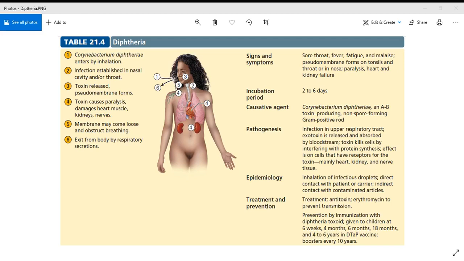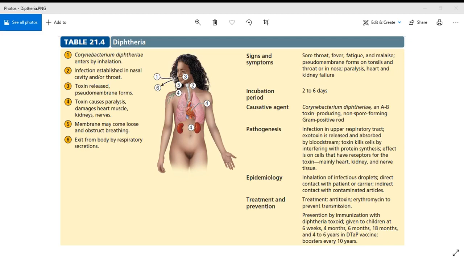The symptoms look like symptoms of other microbes as well. So, you might not really know that it is this particular organism until the toxin starts producing its effect. So that's why it is extremely, very important that the vaccine is given at childhood, so that people will get resistant to it.